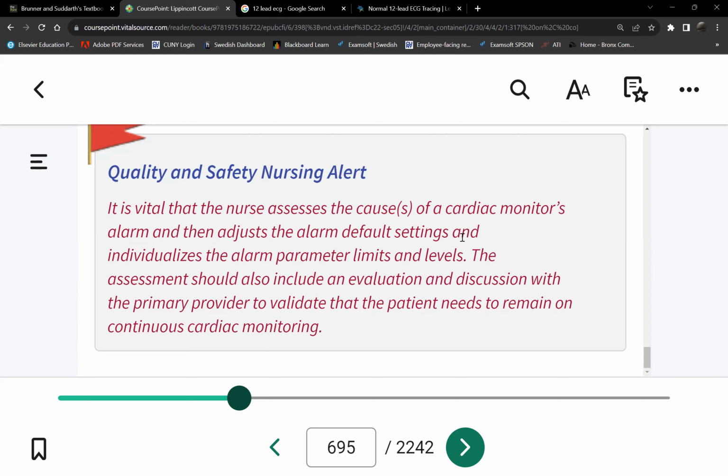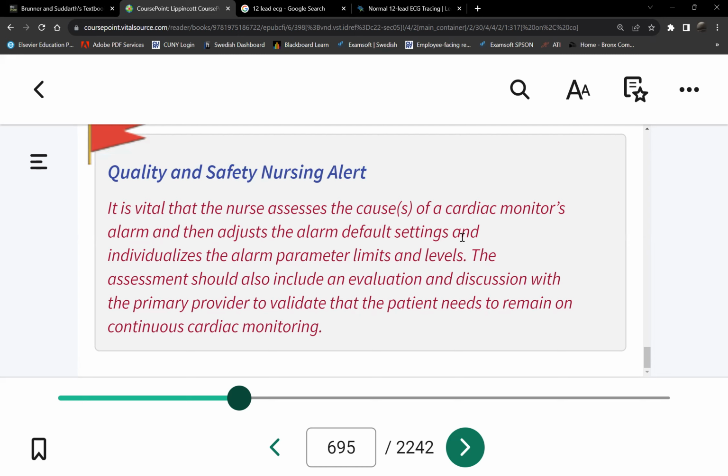No. So the nurse will assess the patient's monitor and then adjust the alarm default setting, because the default setting for normal heart rate is between 60 to 100, correct? If this patient is consistently around 55, 56, will this ever stop alarming? It'll keep alarming.